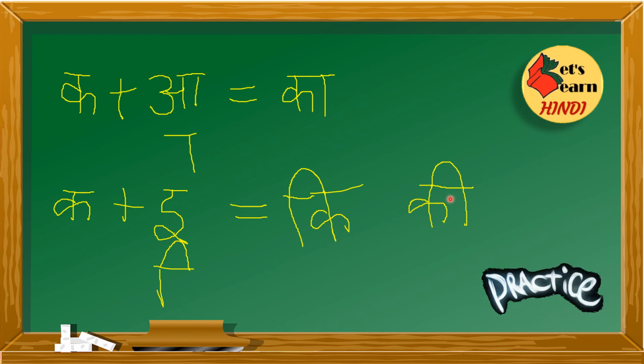Understood? And please note, each consonant has a sound. If there is no a, means consonant will be half, like this. Okay?